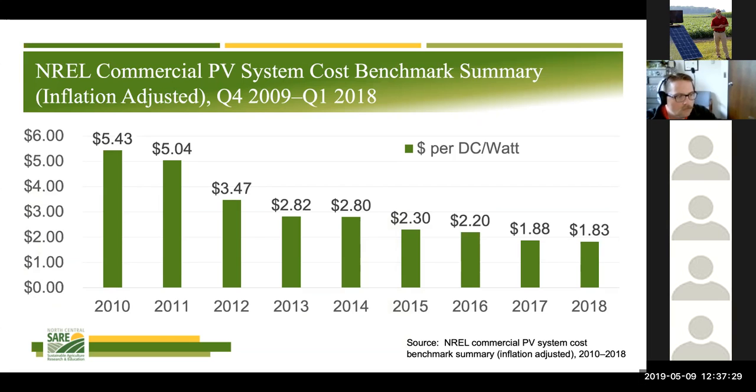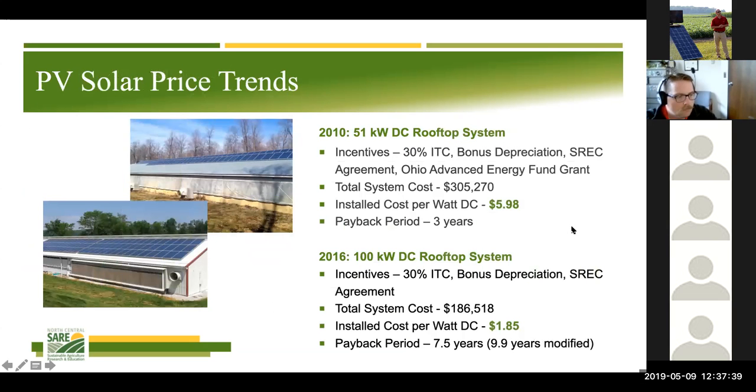But I'd like to take a moment and absorb this 2010 number of $5.43 versus 2018's $1.83. I'd like to compare that benchmark pricing from DOE at the national level to an unintended case study that I've experienced here in Ohio.